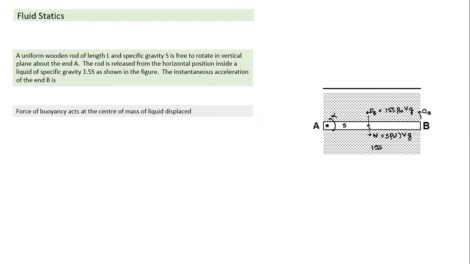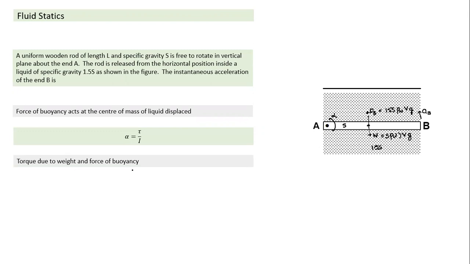Now I need to calculate the torque and the moment of inertia. Torque is due to the weight and the force of buoyancy, and we can easily write the number. Torque will be the difference, 0.5 S rho W V g, the force acting at L by 2 distance. Moment of inertia will be equal to ml square by 3. I get that number also, and I get my answer.